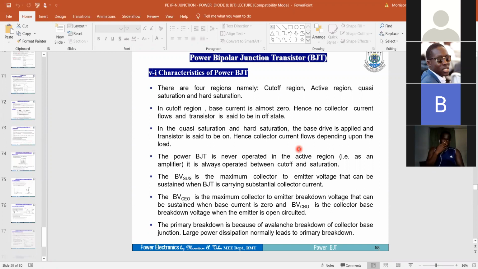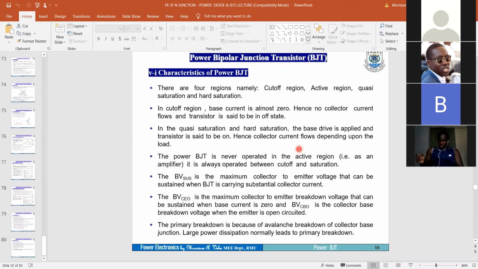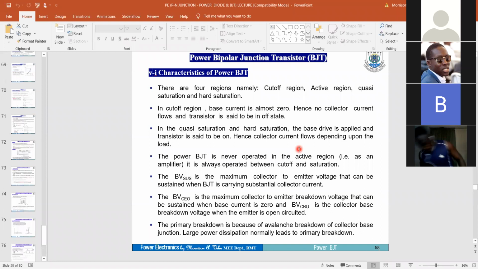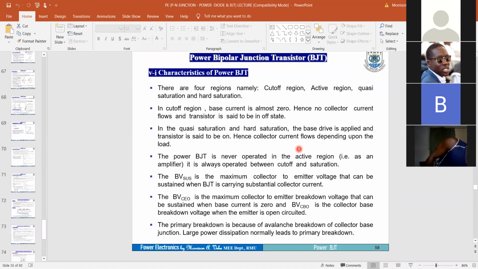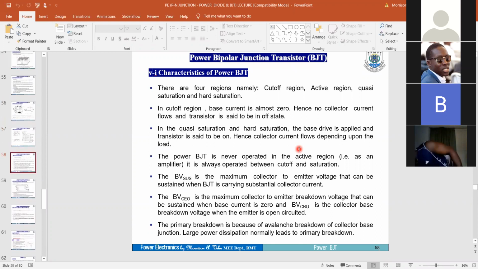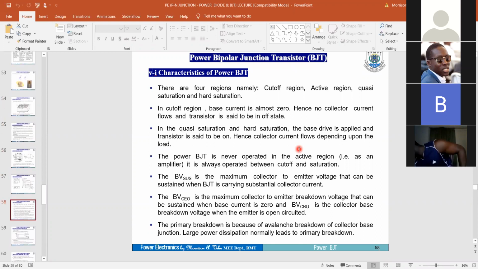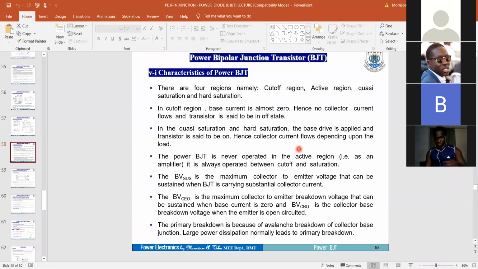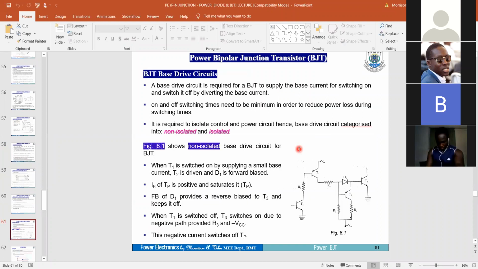That is what we call a base drive circuit. That is what is helping you mostly for the device to actually come on. Okay, so I have it on the slide for you.